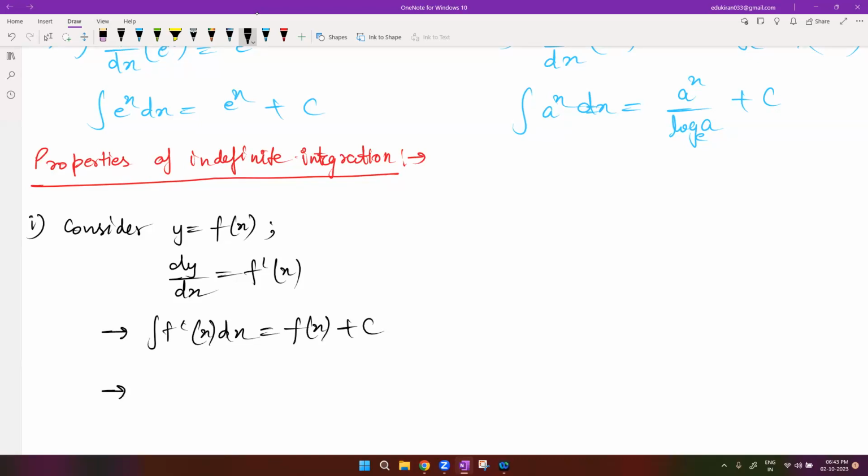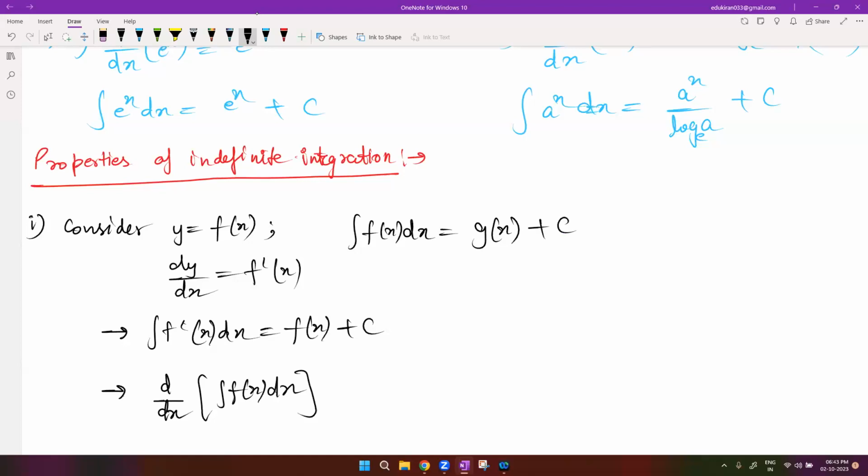And second is that let's say you are differentiating a function you obtained after integrating fx dx. So there will be some function you will obtain after you integrate fx, right? And then if you take the derivative of that function, so what are we trying to say is, if you differentiate fx, then the value is f dash x, and if you integrate fx, then the value is, let's say, gx plus c, correct?